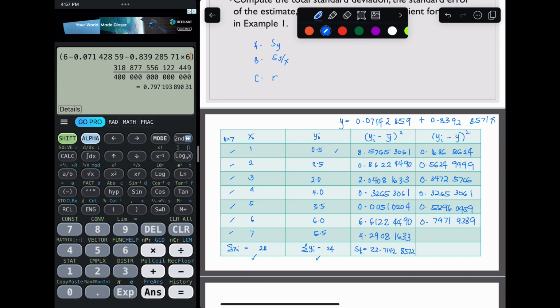And finally, we have an x which is 7 and a 5.5, so 0.19929846.